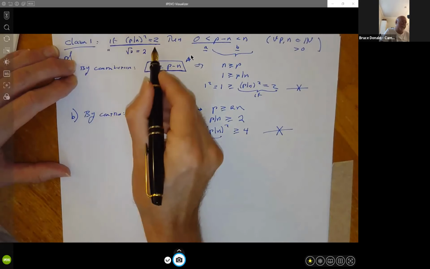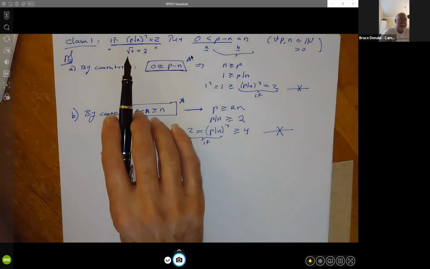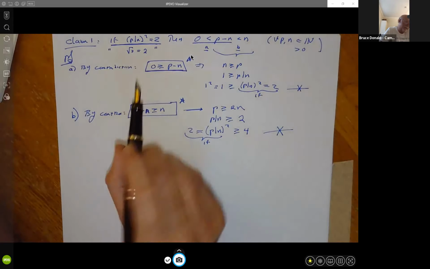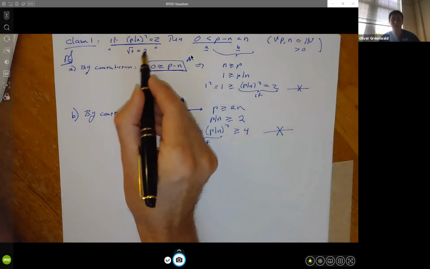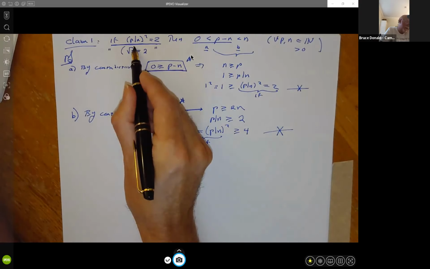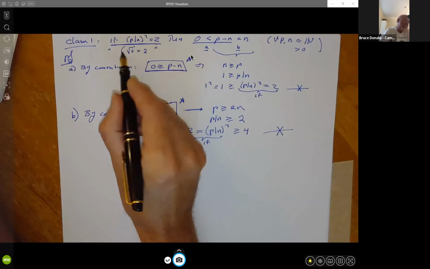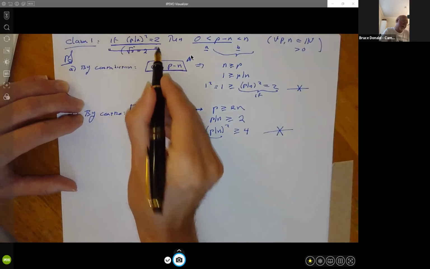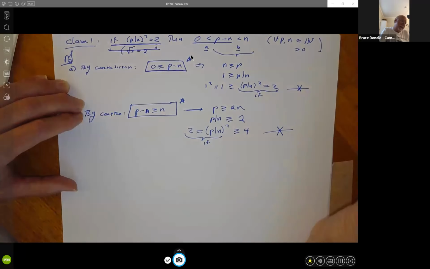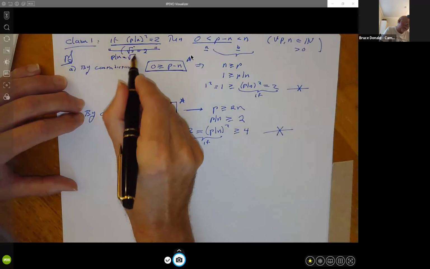Sorry, it doesn't quite mean that. It means that if the square root of 2 is exactly a rational number, I'm sorry, I'm having a little trouble encoding my intuition here. It means that p over n equals the square root of 2 is what I meant to say.